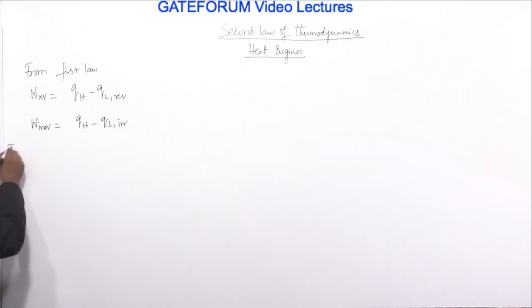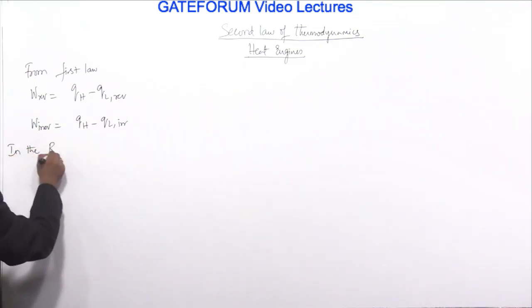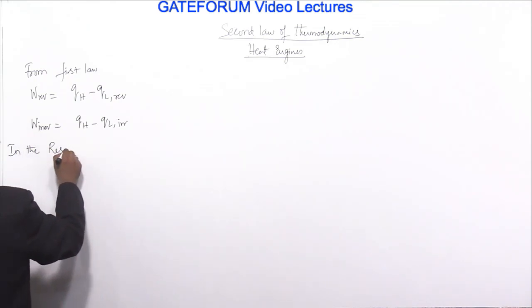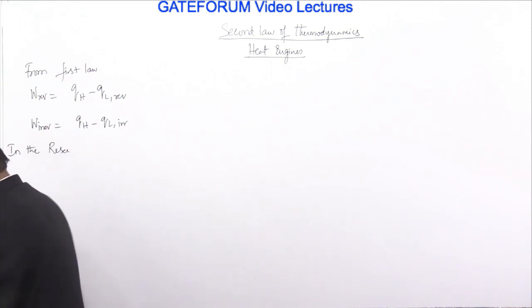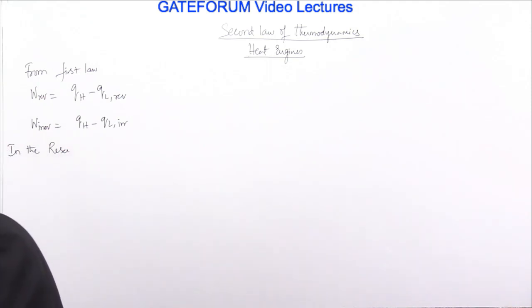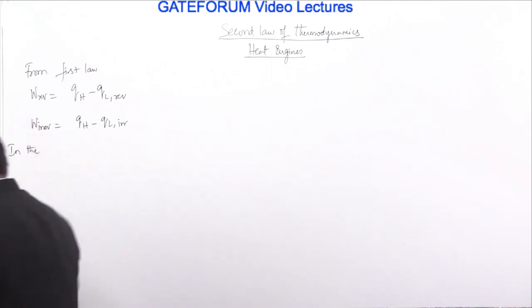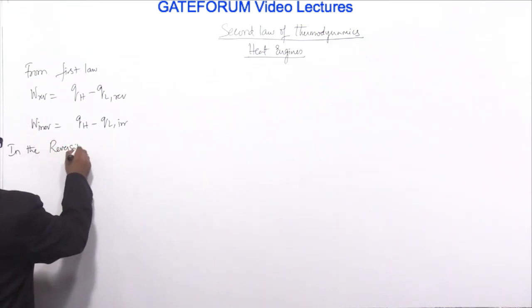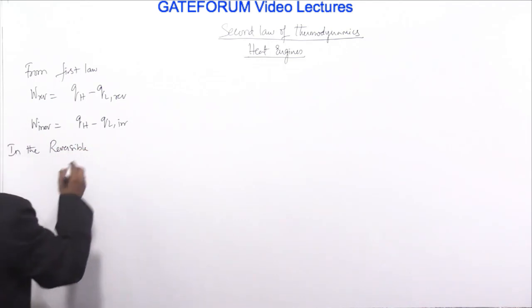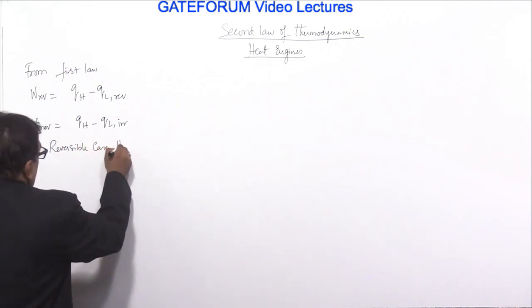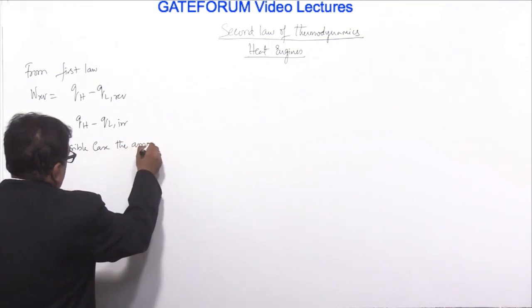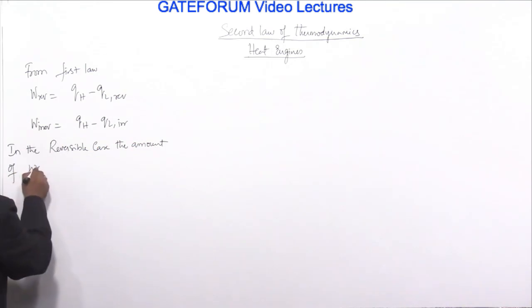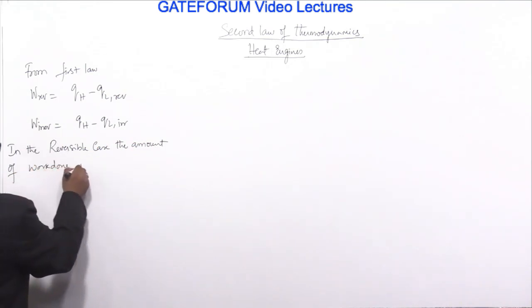So in the reversible case, the amount of work done is high.